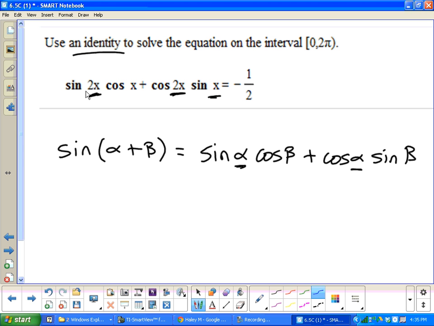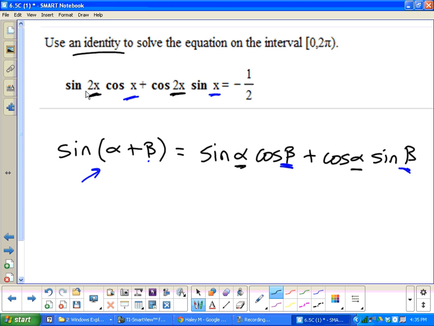Let me do that for color so you guys can really see that. See, that's the x, there's the x, so the x is going to be the beta. Now, what's kind of tricky on this one is I'm not really using this side of the identity. What I'm really going to use is this side. Okay, so the alpha is the 2x, the beta is the x.